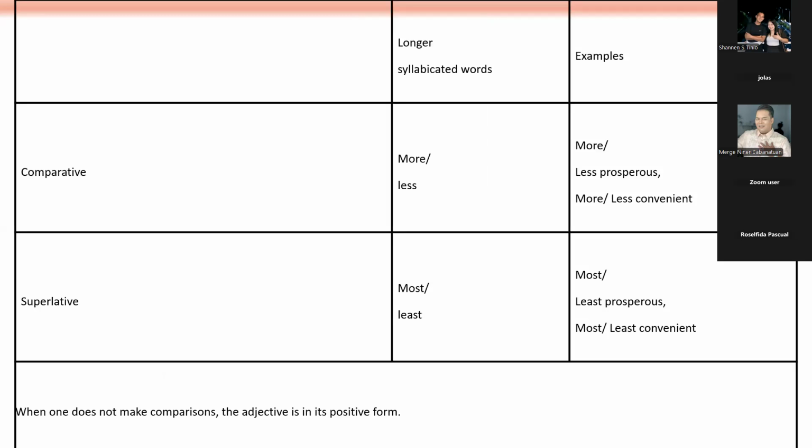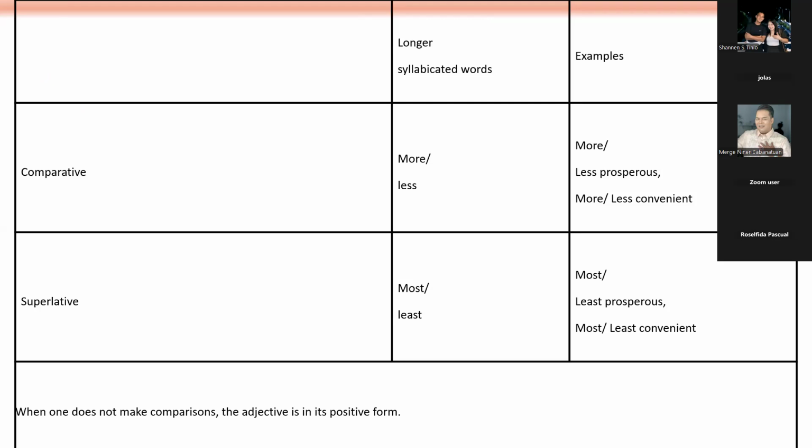So you can use more or less kapag yung words hindi siya pwedeng dagdagan ng ER at saka IEST kapag sa superlative. Alright? So, most, least naman pag superlative. For example, less prosperous, more convenient, less convenient. And then we have superlative, most prosperous, most convenient, least convenient. Okay?